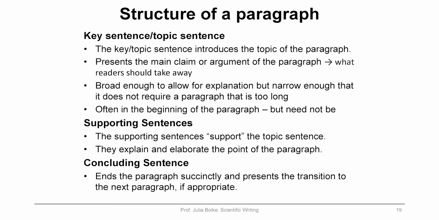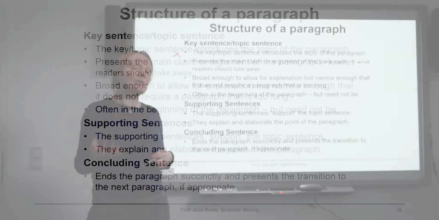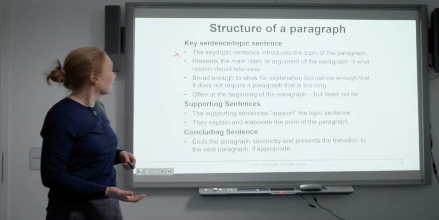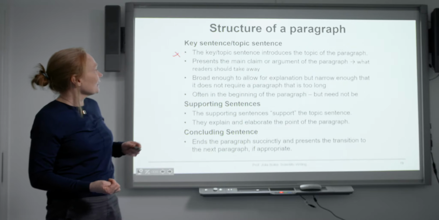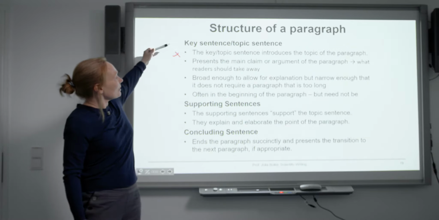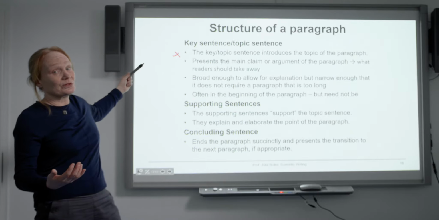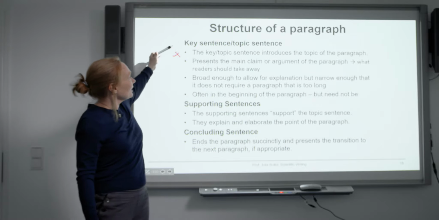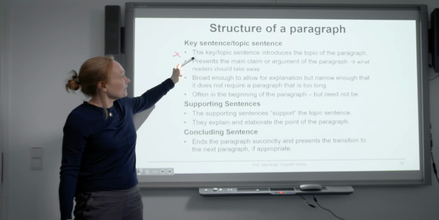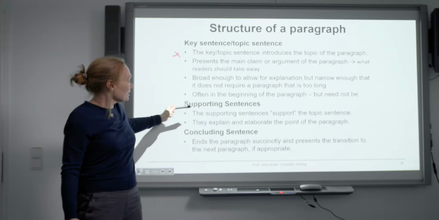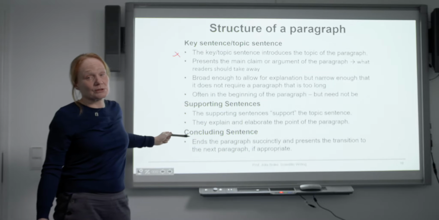They explain and elaborate the point of the paragraph. And the concluding sentence ends the paragraph and presents the transition to the next paragraph. So again, you have the structure of one paragraph, and remember you have only like 250 words or so, but you introduce your topic, you support it, and you conclude it. This is the typical structure.